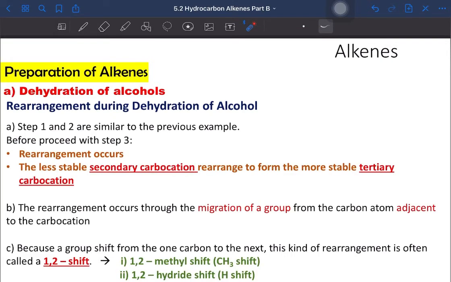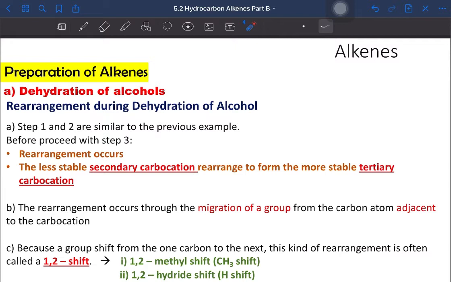Now let's look at the step for the rearrangement during the dehydration of alcohol. The first step and the second step are pretty much similar to the previous example, but before we proceed with step 3, this is where the rearrangement occurs, where this less stable secondary carbocation will rearrange to form the more stable tertiary carbocation.